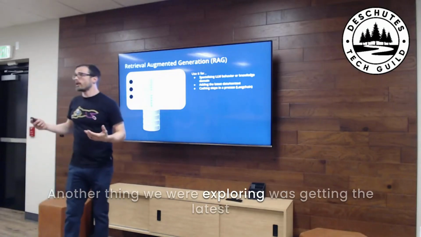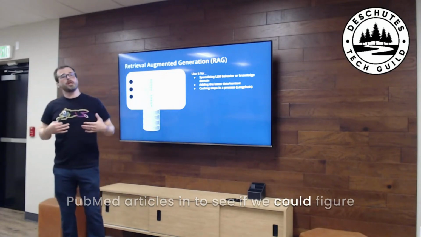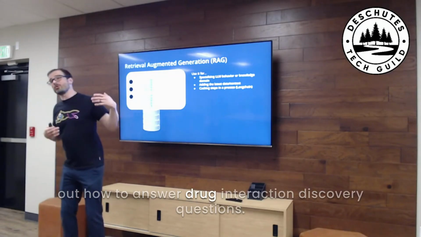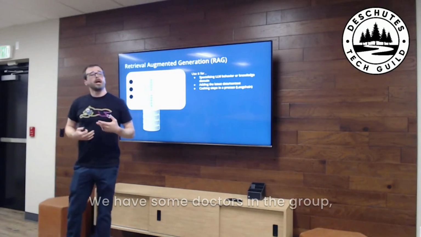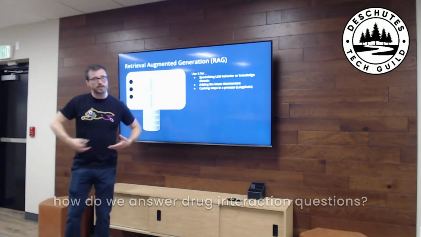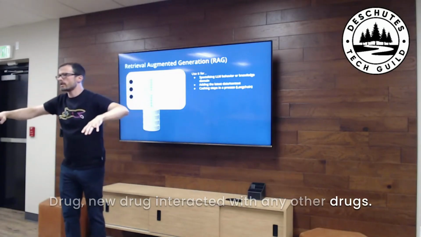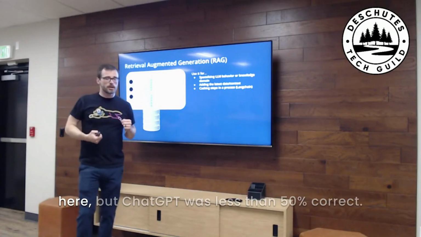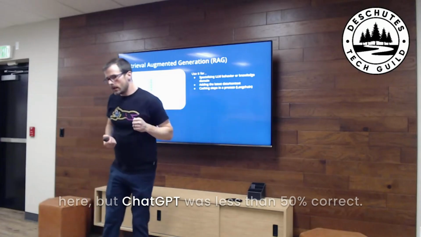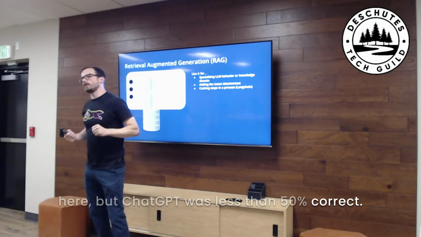So you can use this for adding the latest data in context. Another thing we were exploring was getting the latest PubMed articles in to see if we could figure out how to answer drug interaction discovery questions. We have some doctors in the group. How do we answer drug interaction questions? Well, here's a bunch of new things. Does a new drug interact with any other drugs? We did some testing, and I didn't include the results here, but ChatGPT was less than 50% correct.